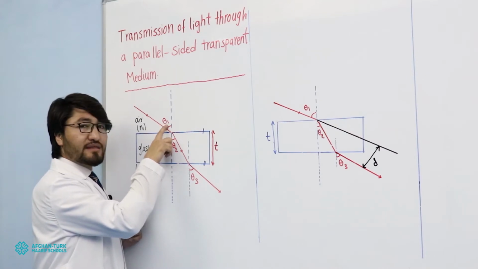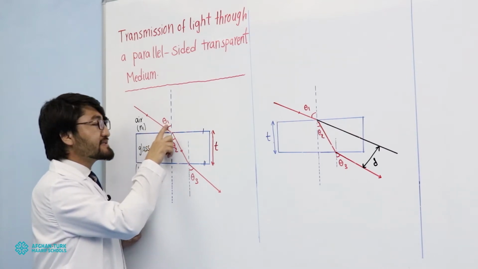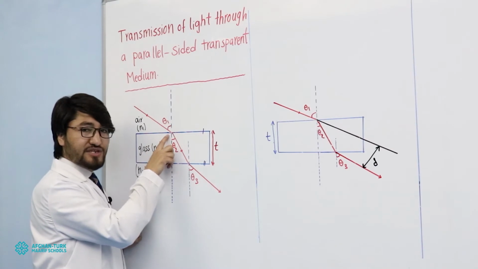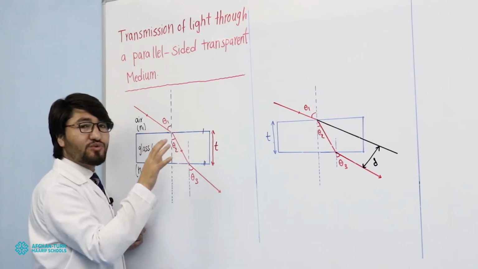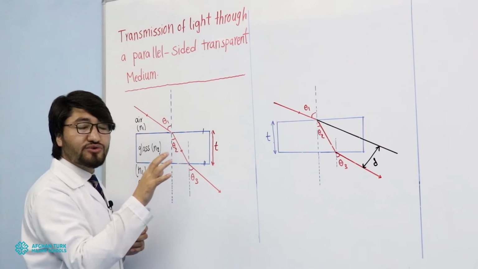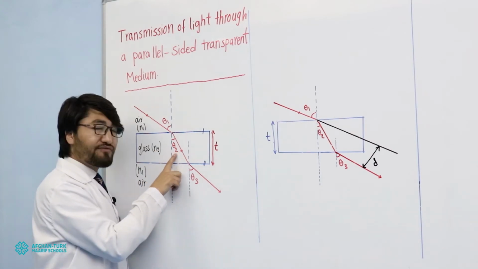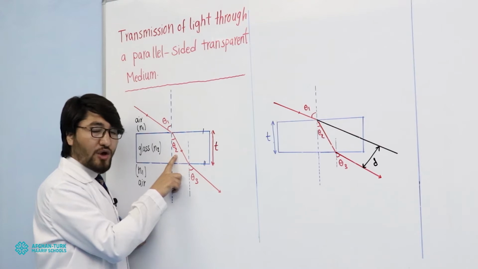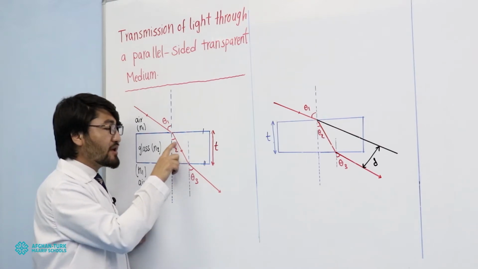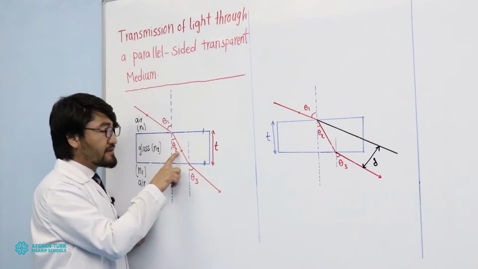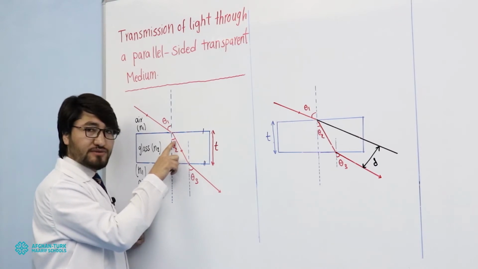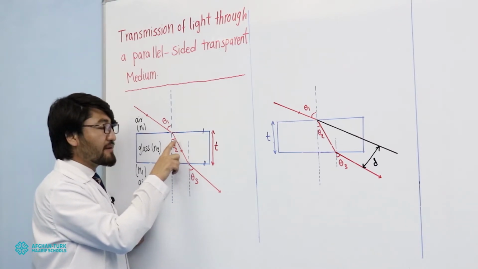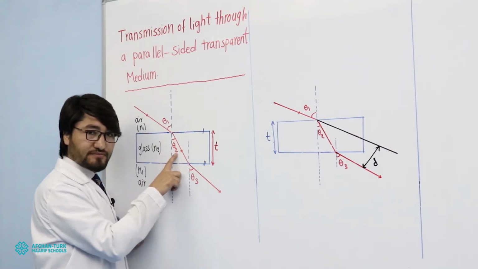The first refraction occurs when the light enters the medium at angle theta 2.